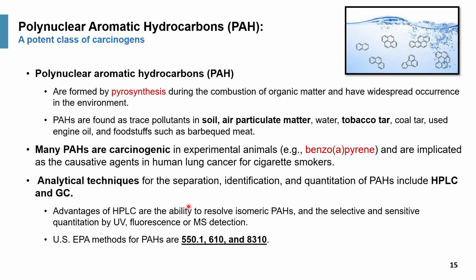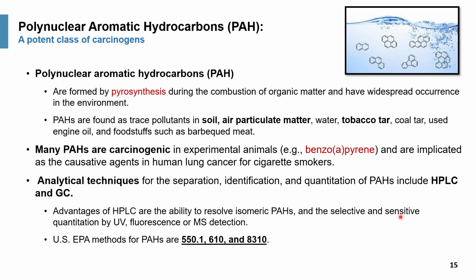So the advantage of HPLC is the ability to resolve some isomeric PAHs, because some of them have geometric isomers. If you use a certain type of column, labeled a PAH column, particularly using a polyfunctional silane chemistry with more shape selectivity, you can separate some of these important isomers.